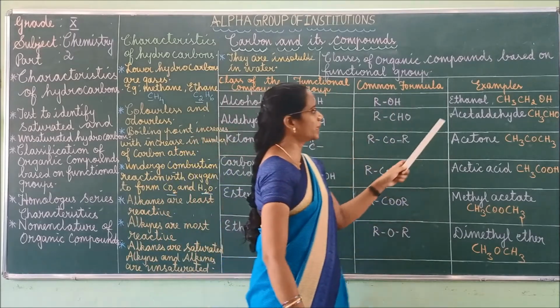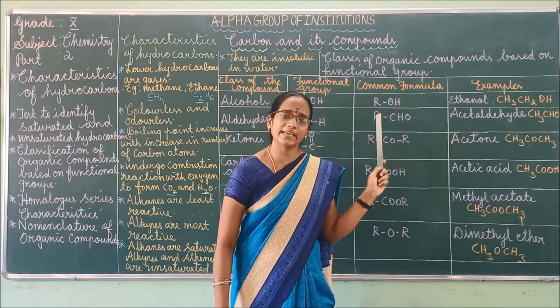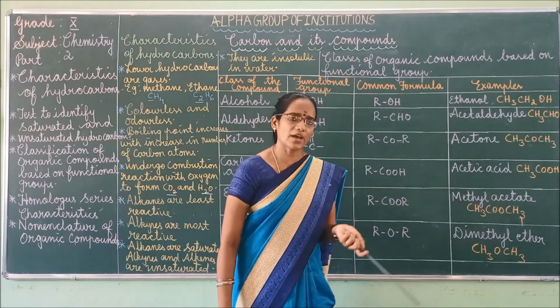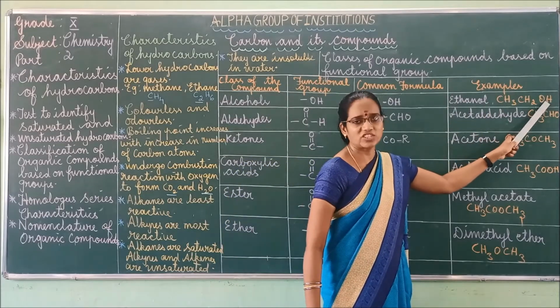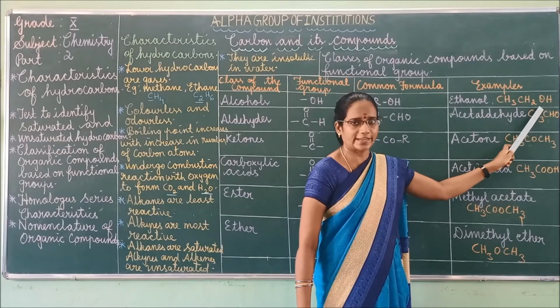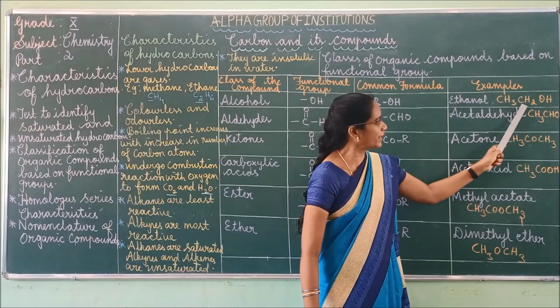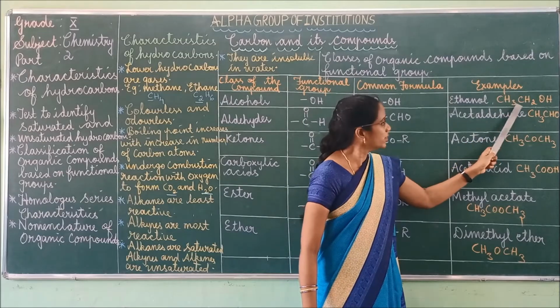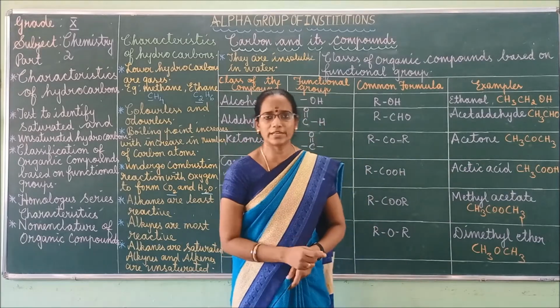For example, ethanol, that is ethyl alcohol, and its formula is CH3CH2OH, or otherwise C2H5OH. Both are the same: 2 carbon atoms, 6 hydrogen atoms and 1 oxygen atom. Like that we have to calculate.